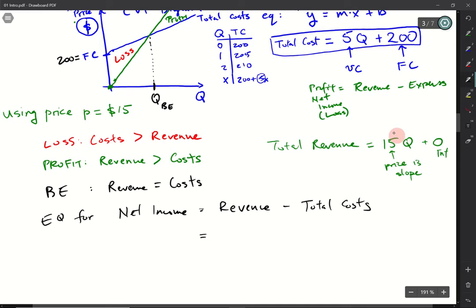And what we want to do is subtract our total costs. So this is our total cost line: 5Q plus 200. So what we basically did was price times quantity, and then we're subtracting our variable cost times quantity plus fixed costs. Okay, so actually what we can do is say that we have 15Q minus 5Q minus 200.